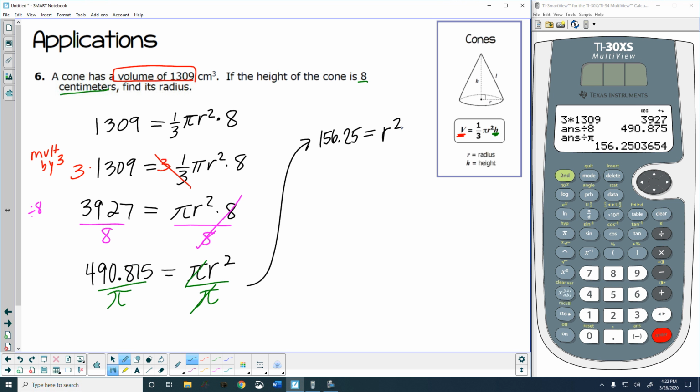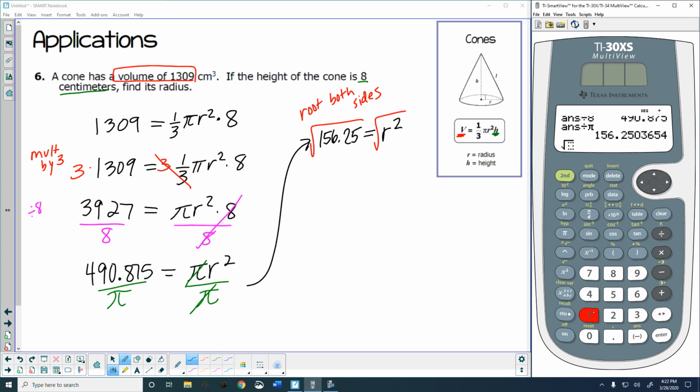So my very, very last step, I'm almost there, is going to be to take the square root of both sides. Square root, square root. So in my calculator, the square root of 156.25 is 12.5.